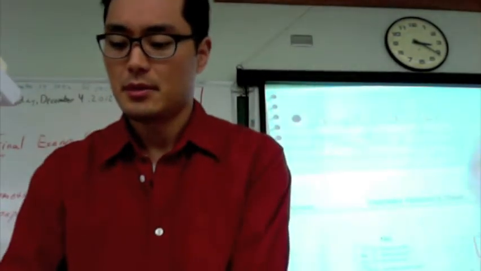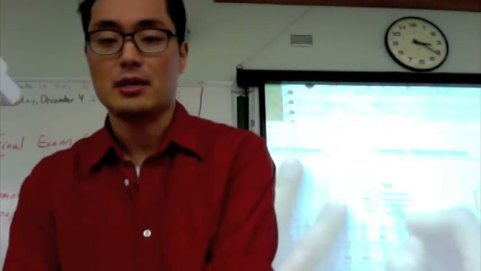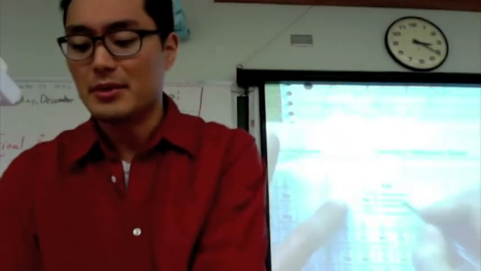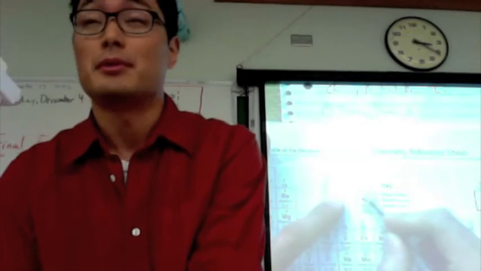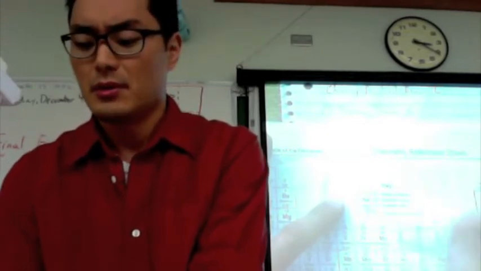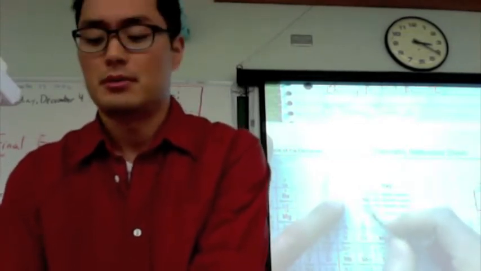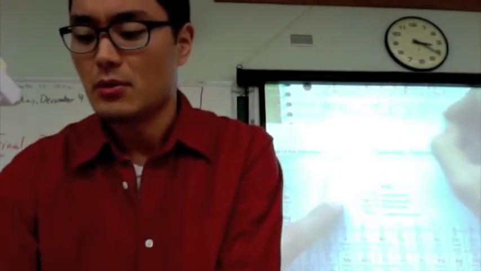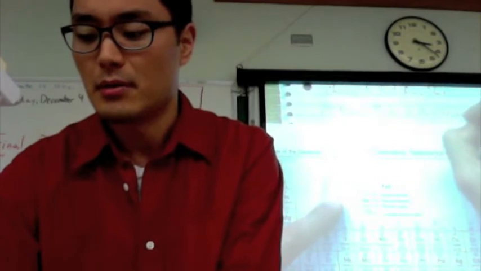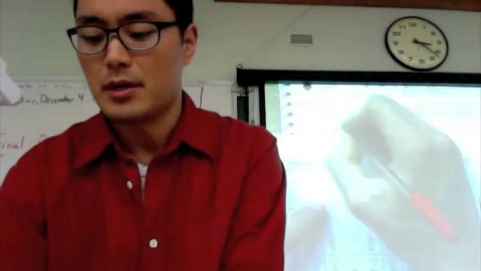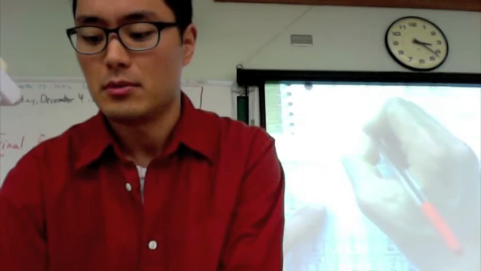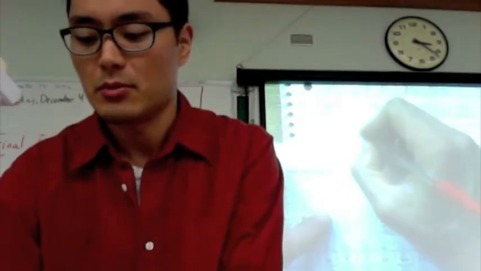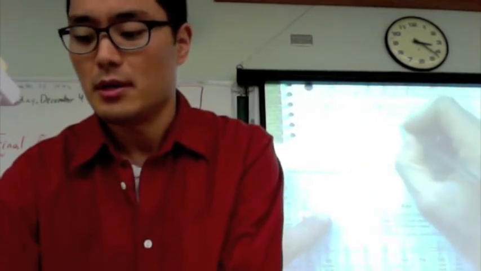So take a look at this key, and it shows that the atomic number is a whole number. There's no decimals. And also, it's the smaller number. Let's write that in. The atomic number is the whole number on the periodic table for each element.